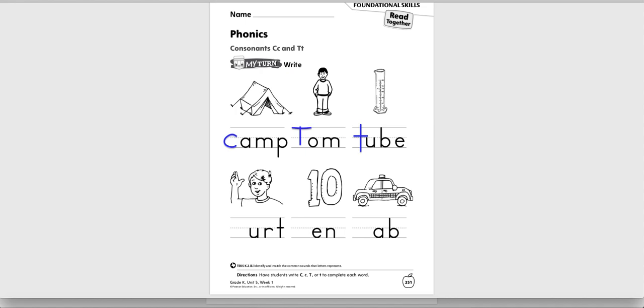Okay, let's look at the next picture. Am I going to use the letter C or the T? C, Kurt. Let's look at the next picture. Ten. Good job. Lowercase or uppercase? Lowercase.